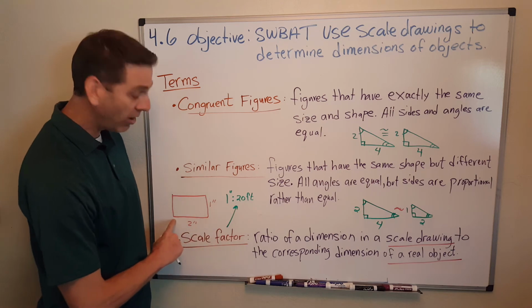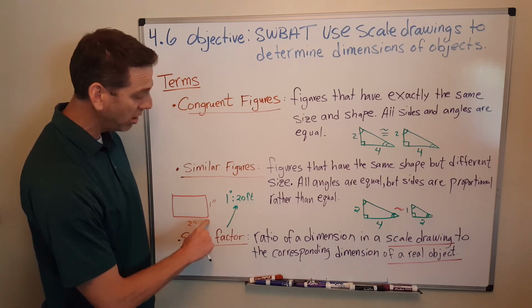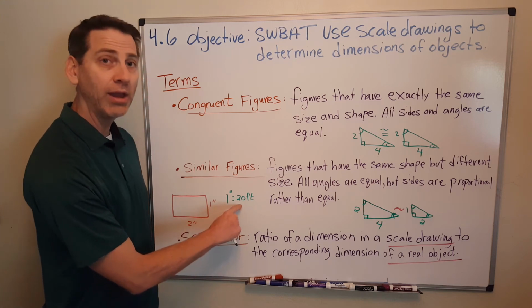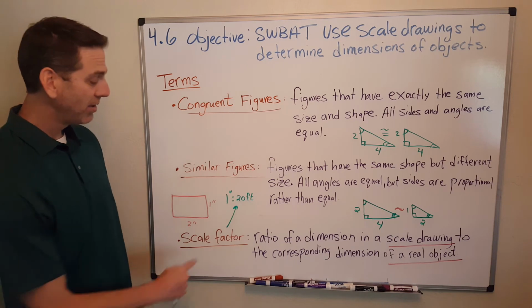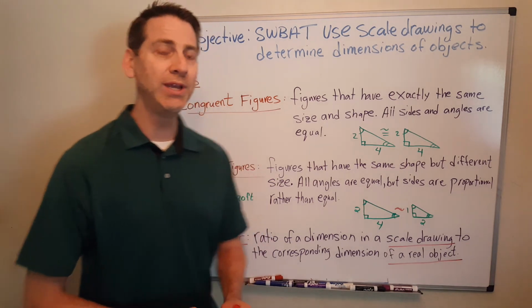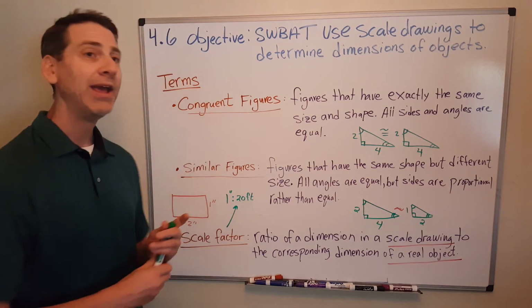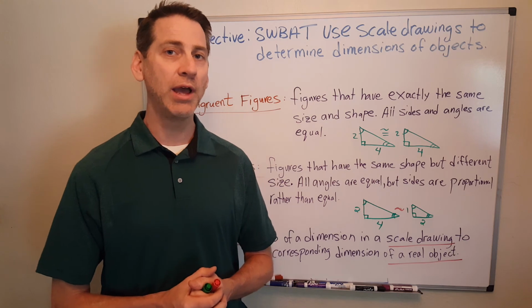And if it's on the drawing 2 inches long, in reality it would be what? 40 feet long. So we need some sort of scale factor so that we can take a drawing and then find out the actual dimensions in real life.